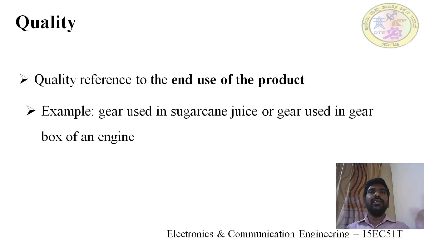One gear is used for extraction of sugarcane juice, and the other is used in an engine or vehicle, a bike or car gearbox. If you compare both, the sugarcane juice gear is made with a rough surface, not finished properly or accurately. But for the purpose it was meant for, it is satisfactory. It meets the work and the customer standard. Then you can say it is quality.